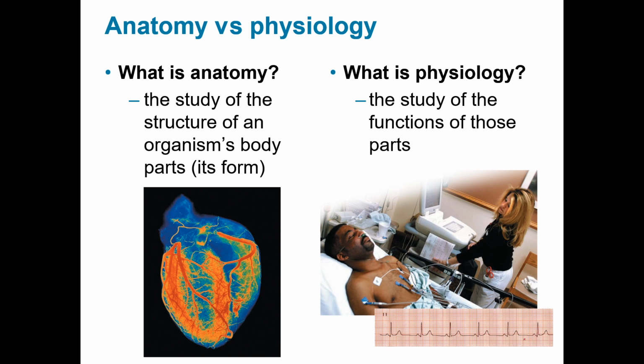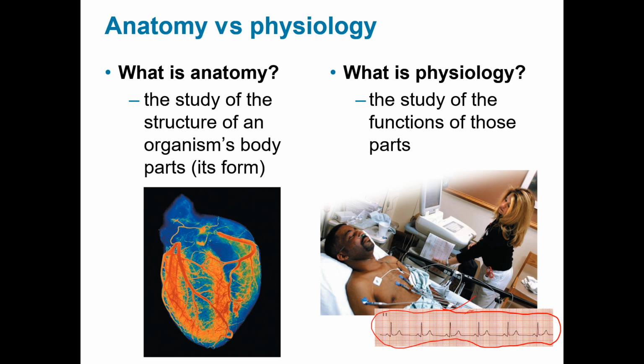So down here, we're able to see this little squiggly line. And this printout, if you're not familiar with this, is called an electrocardiogram. Oftentimes you'll see it abbreviated as an ECG or an EKG, and it's a readout of electrical activity within the heart.